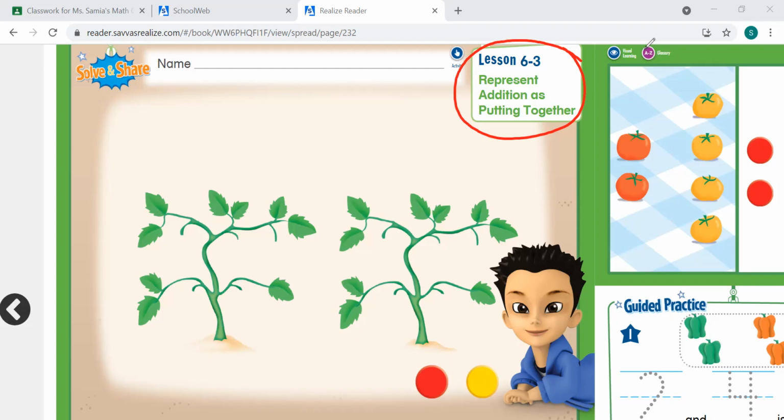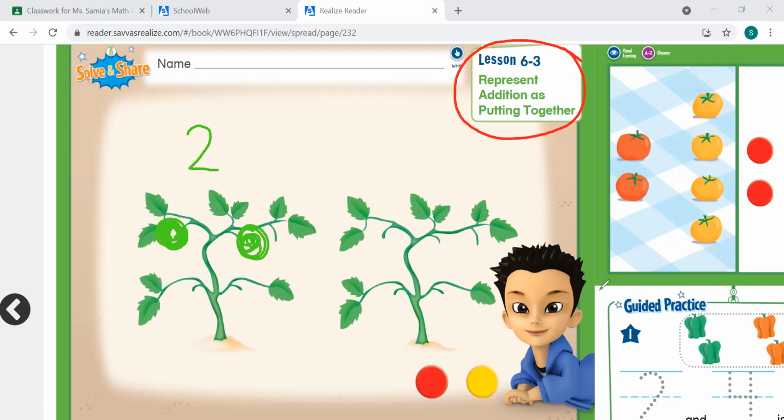So first he sees one plant that has two green tomatoes. So I am going to draw some counters. And I'm going to say this plant here has two green tomatoes. So here's one green tomato, and here's another green tomato. So I have two green tomatoes on this plant.